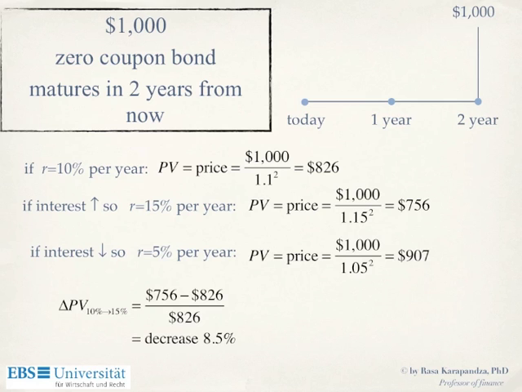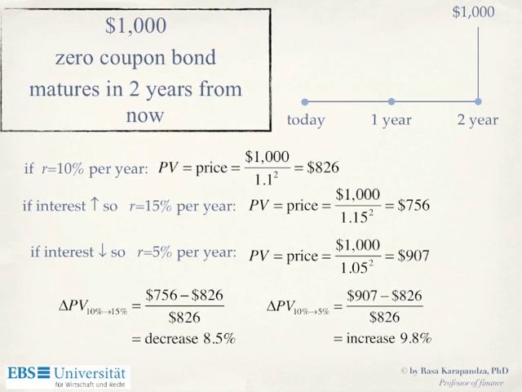In the first case, we are asking ourselves, what if interest rates go up from 10 to 15%? At the beginning, the price was $826. At the end, it was $756. How much did the price change? Well, the price decreased by 8.5%. Basically, $756 is 8.5% less than $826.